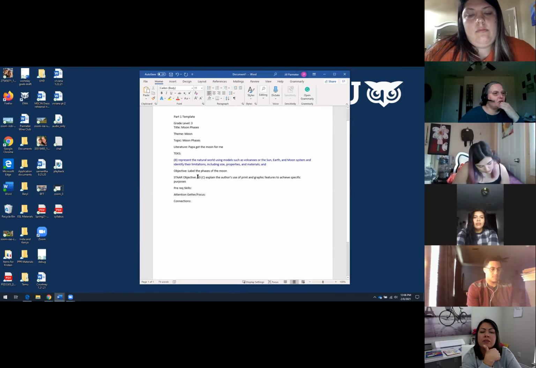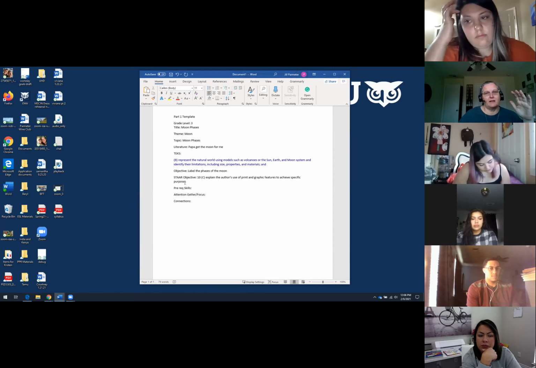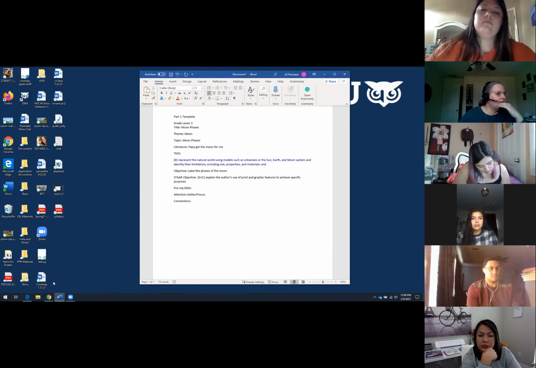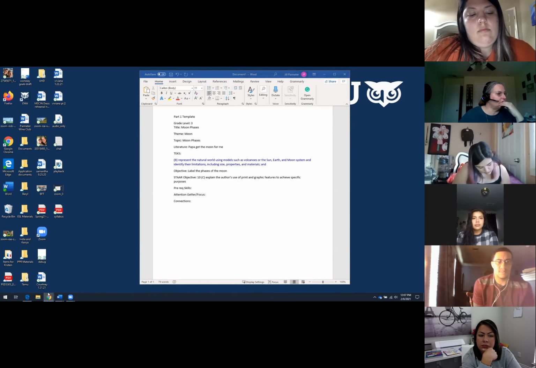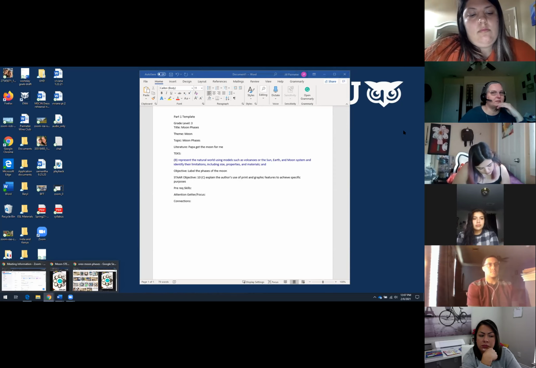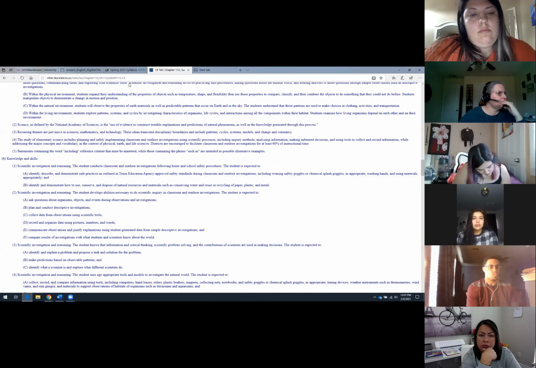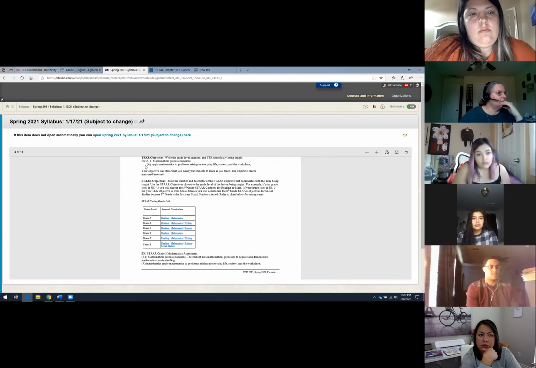I went and found a STAAR objective. Even if you're doing 1st grade or 2nd grade or kindergarten lessons, you need to find a STAAR objective, and you would find it for 3rd grade or even 4th grade maybe. The way you can find those STAAR objectives is going to the syllabus. And in the syllabus, there are these links, and you can click.